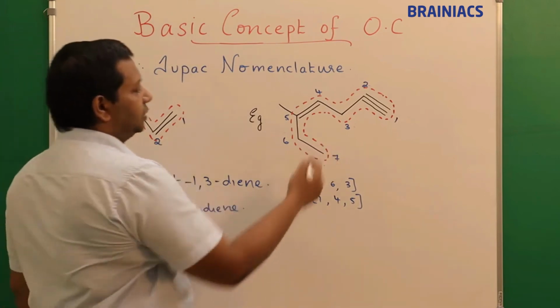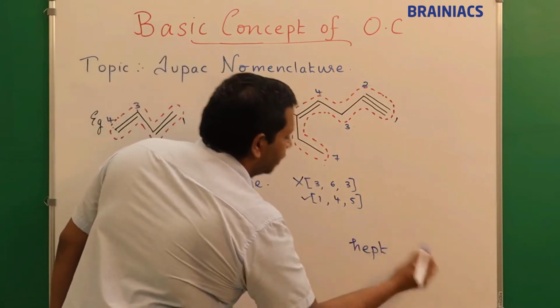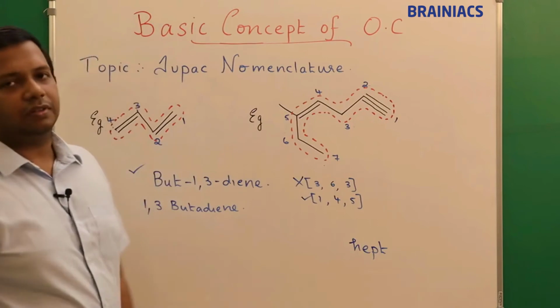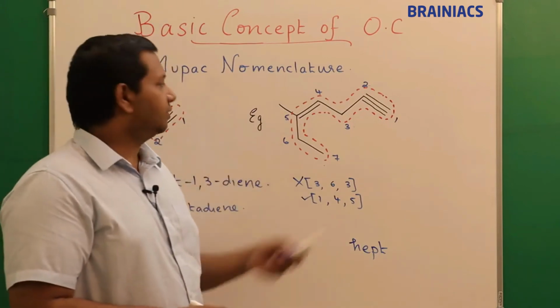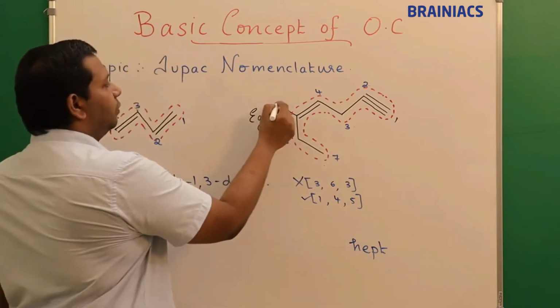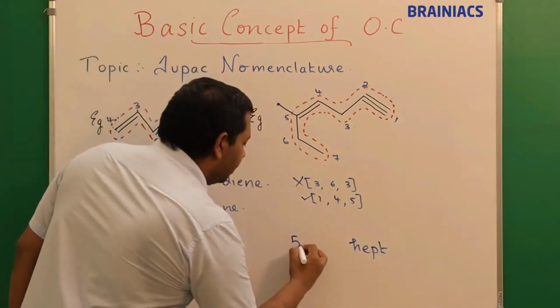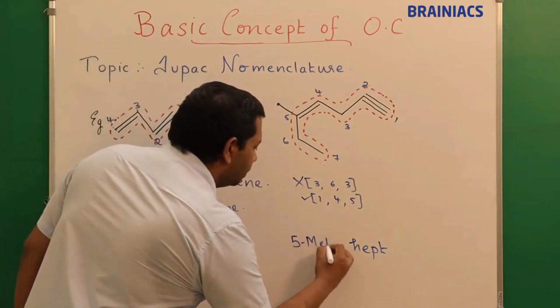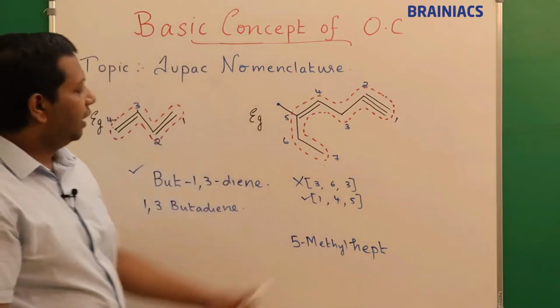Now naming. The parent carbon chain has 7 carbon atoms, so I use the term hept. Correct? There is no primary suffix since it is not a cyclo compound. Secondary prefix, it is there. Substituents are there at position 5. At position 5 you could see one methyl. So it is 5-methyl. So I can say 5 hyphen capital M methyl. Correct? 5-methylhept.